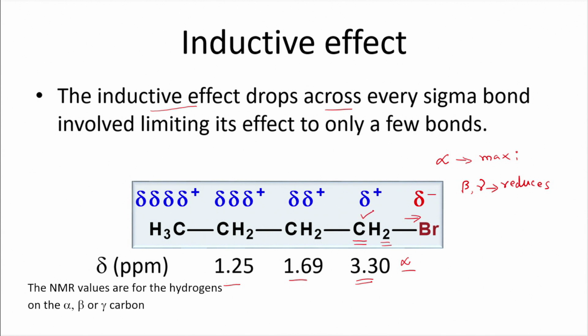Here it is experiencing the maximum electron pull from the electronegative halogen. This carbon experiences less pull and this carbon experiences much less pull, due to which the NMR values are changing. So, the upfield shift of this proton is due to the less inductive effect experienced by this particular methylene group from the bromine.